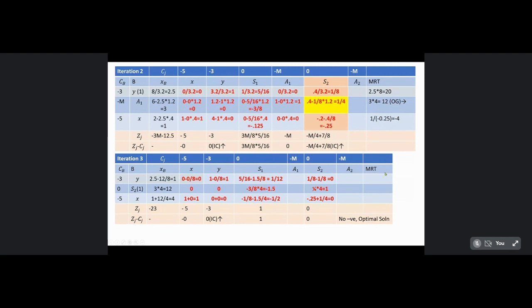So we don't need the minimum ratio test anymore, we can directly write our results.